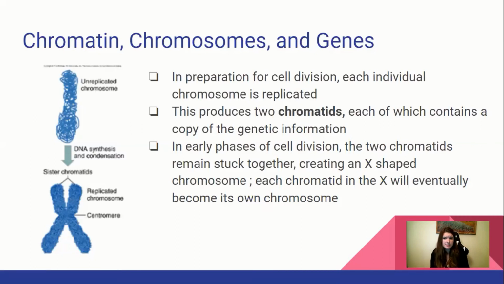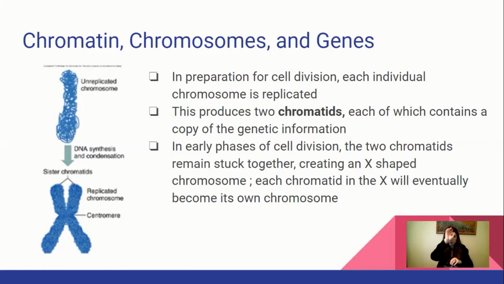As we get into cell division, these chromosomes are going to look a little bit different, because in order to make two cells from one cell, we need to make a copy of our DNA. So every chromosome is going to get copied. It's going to get replicated to give us two identical DNA molecules that are just like that first one.